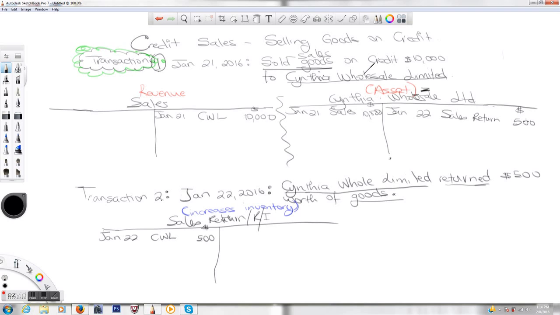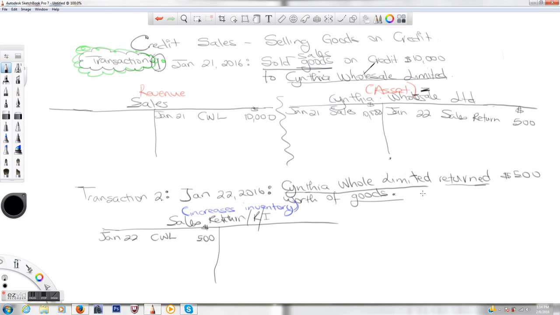And that is how we record a sales return. Let's do a quick recap. This transaction affects two different accounts. Cynthia Wholesale Limited, which we established in the previous lecture as an asset, returned goods to the company, so that is sales return or return inwards. And we said before, when we looked at the asset of stock, that sales return increases inventory.